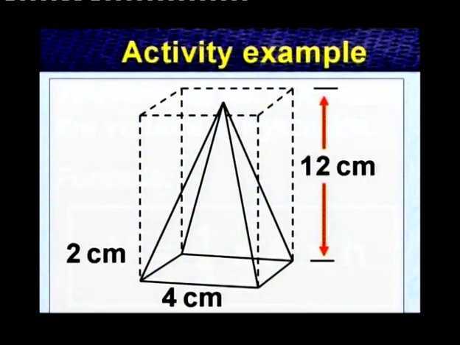Let's have a look at this activity example. How many shapes do I have in this diagram? How many shapes? Okay, there are 2. One is given in a dotted line, and it is in the form of a rectangular prism.